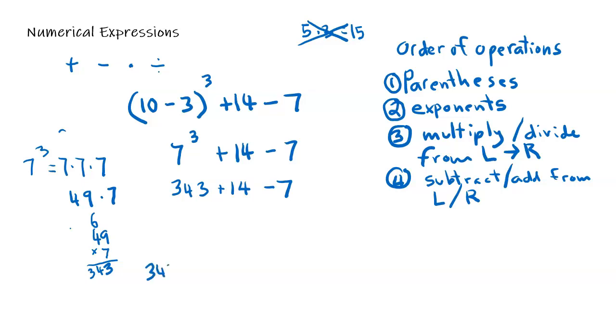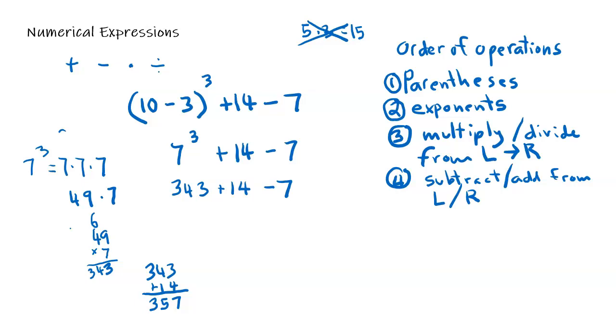343 plus 14. Okay. So 3 plus 4 is 7. 4 plus 1 is 5. And I'm going to carry down the 3. So it's 357.